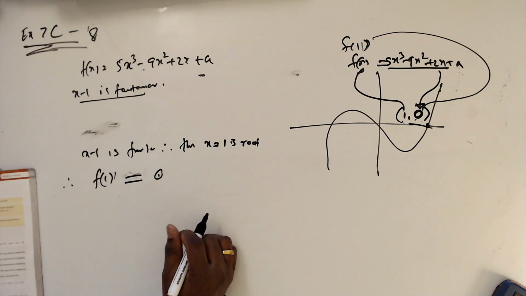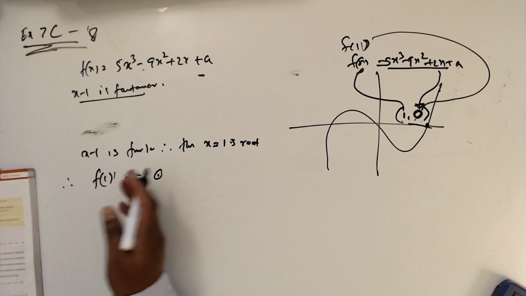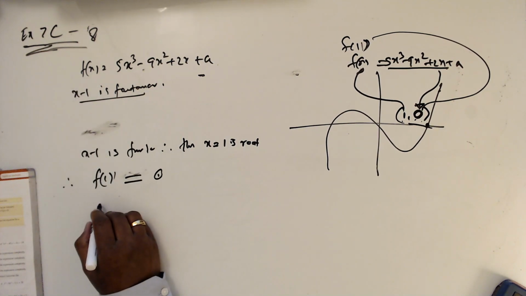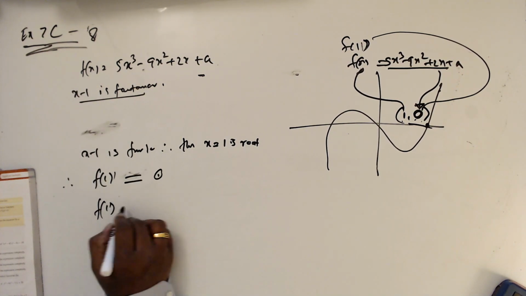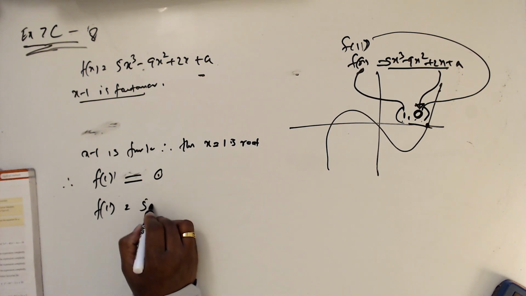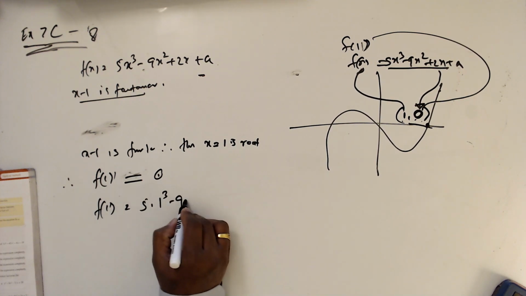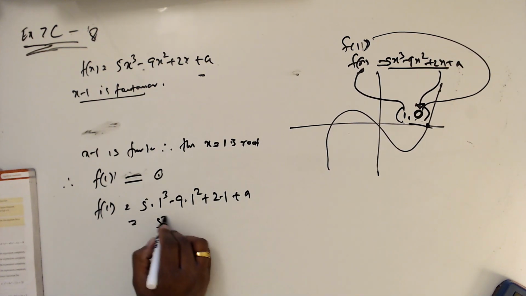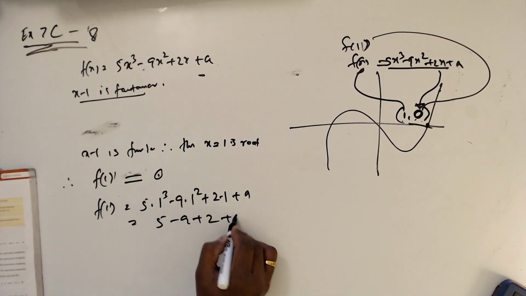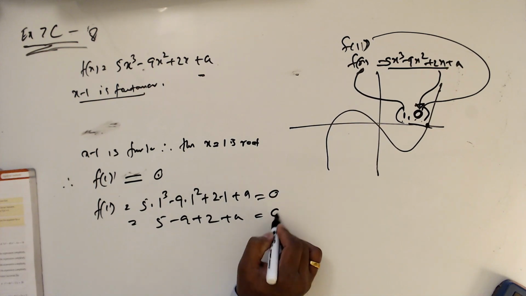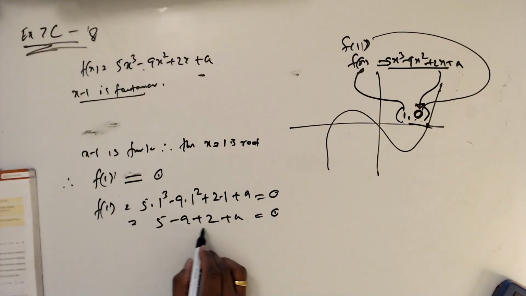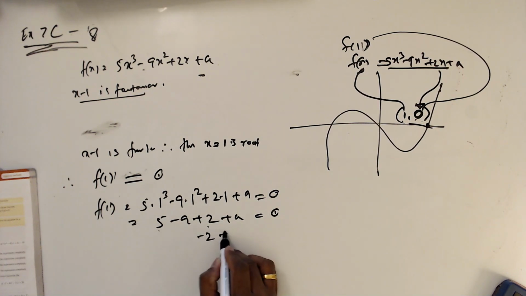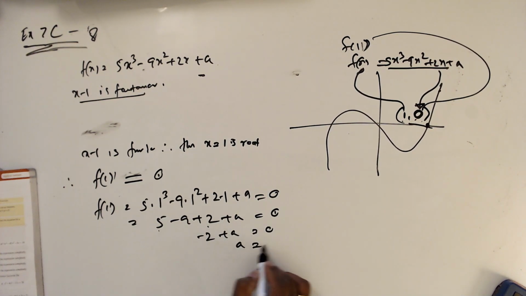We call that the factor theorem. Now we'll substitute here. f(1) equals 5 times 1 cubed minus 9 times 1 squared plus 2 times 1 plus a. This is going to be 5 minus 9 plus 2 plus a equal to 0, so minus 2 plus a equals 0.